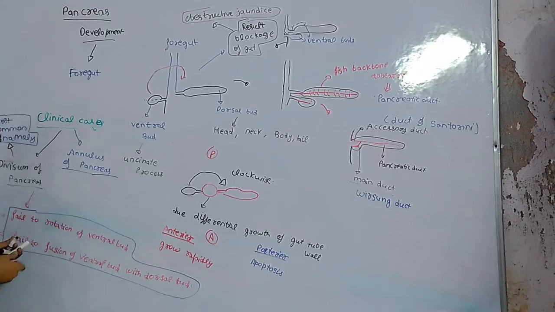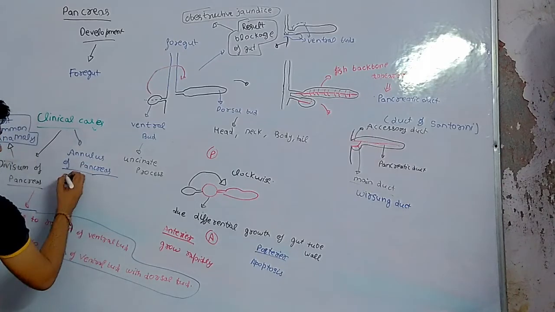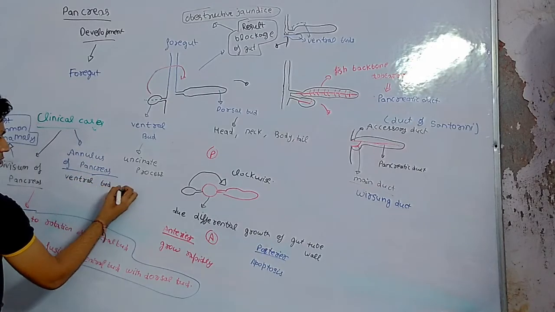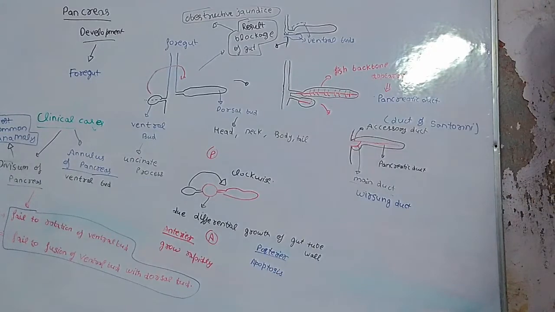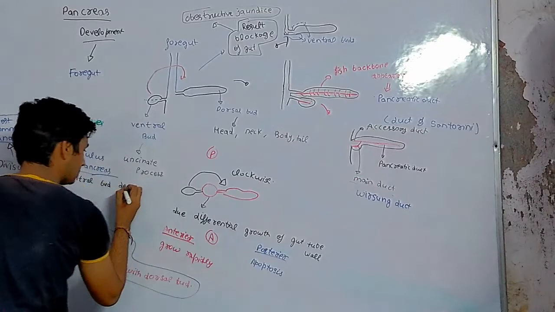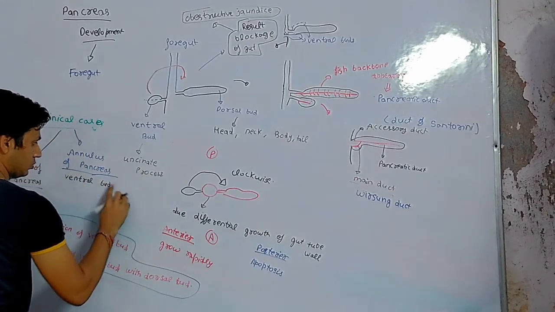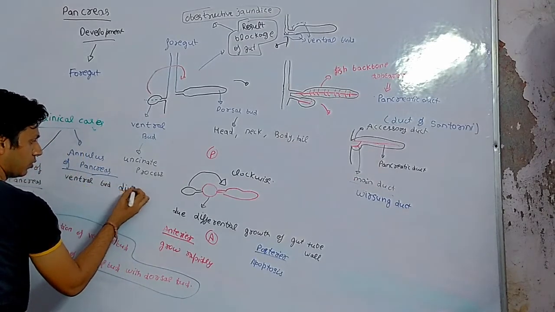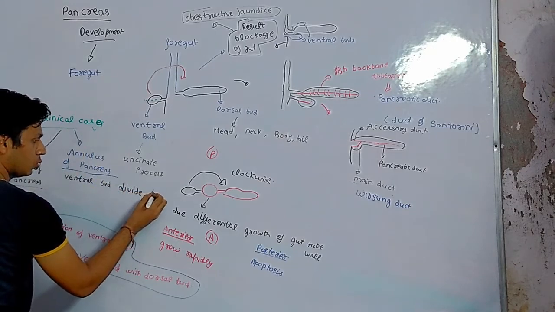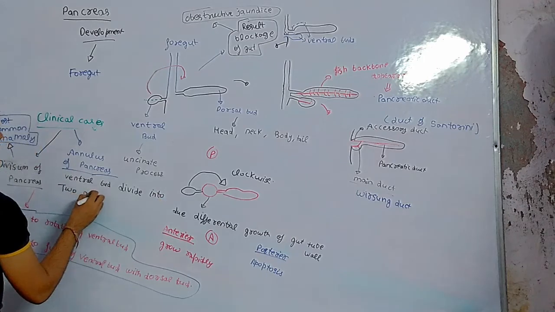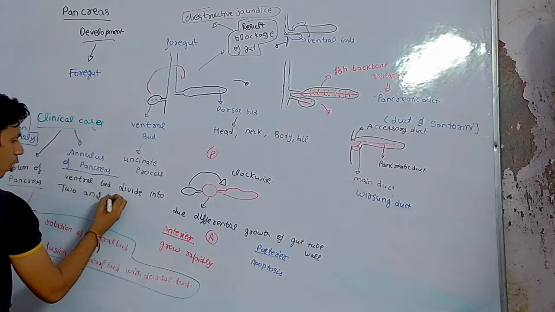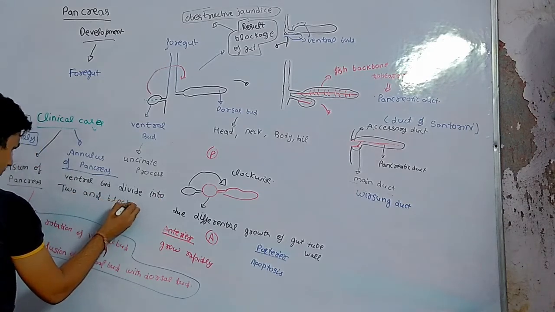We can write here: the ventral bud divides into two and blocks the gut.